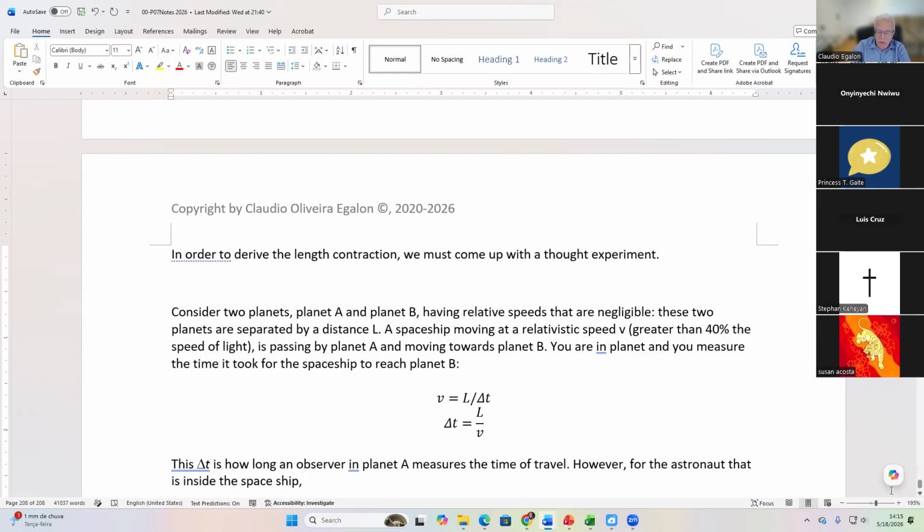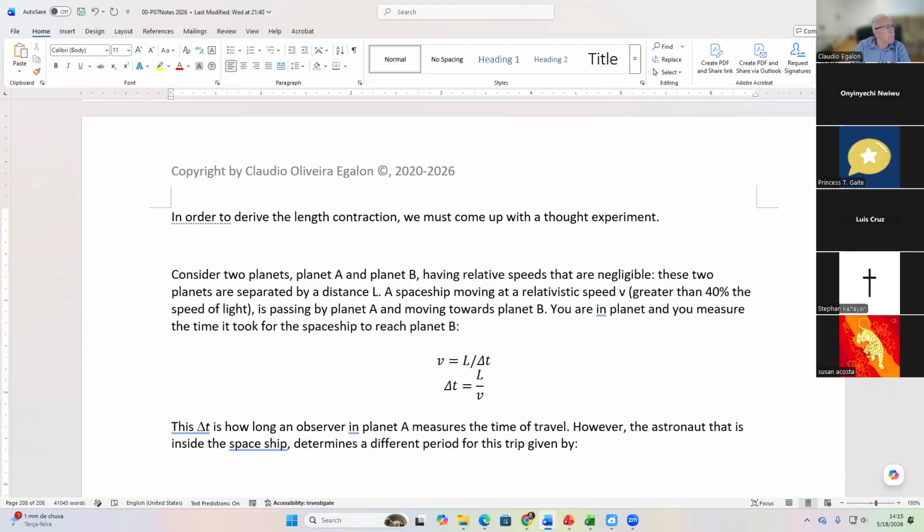The astronaut inside the spaceship determines a different period for the trip, given by, don't forget proper time, right?